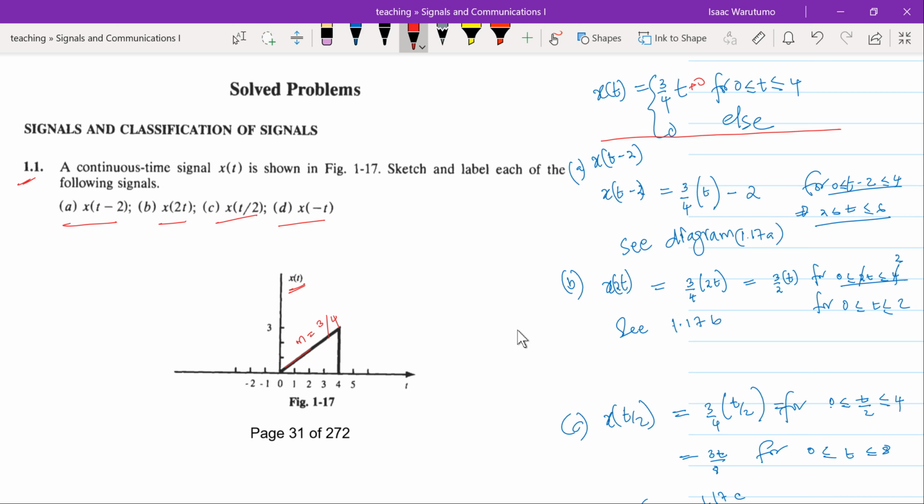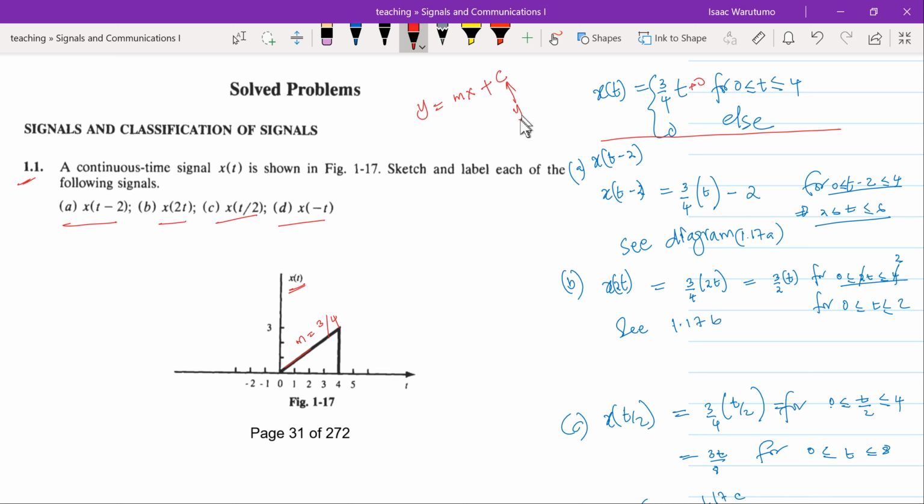If you remember the typical equation of a linear equation, y is equal to m x plus c.